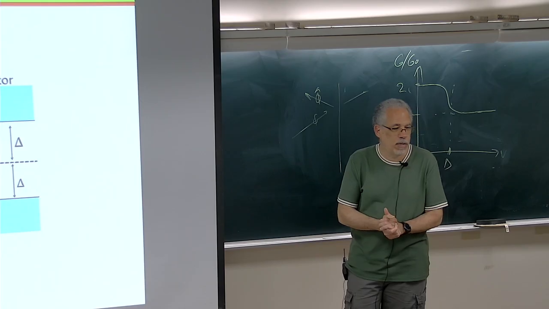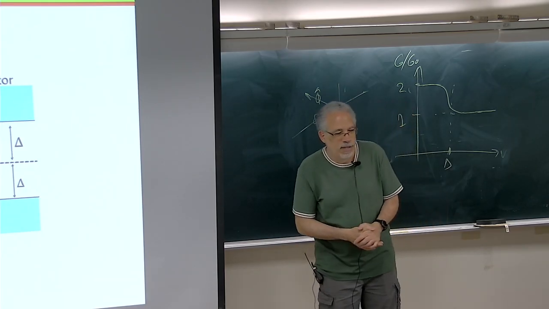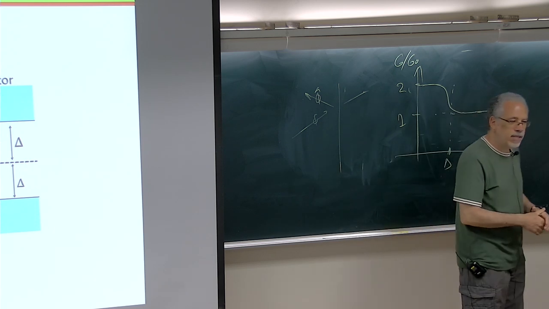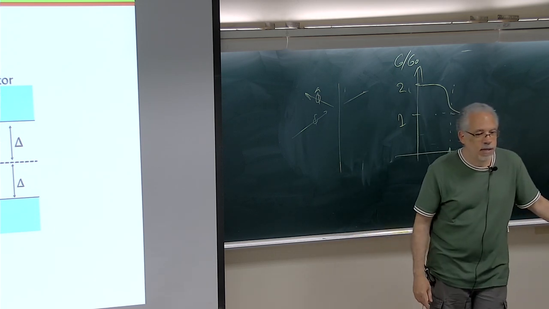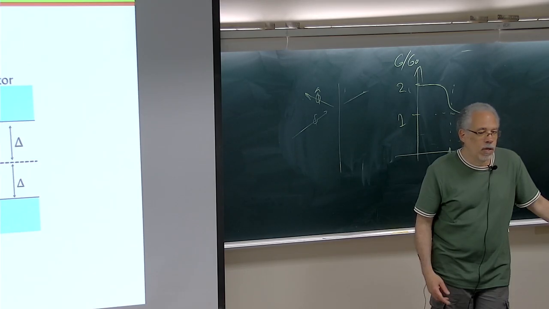So, any further question? I think this question is really about the semiconductor, where you have a gap. Your Fermi level is usually in the gap. Well, then nothing happens, so you won't have this.